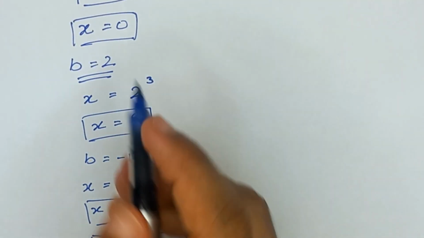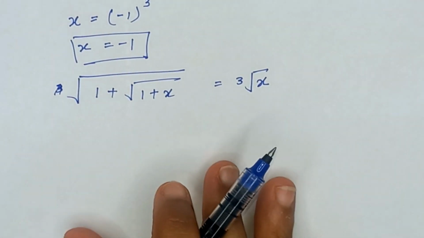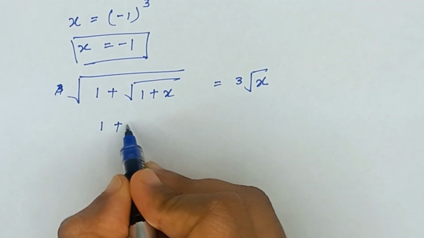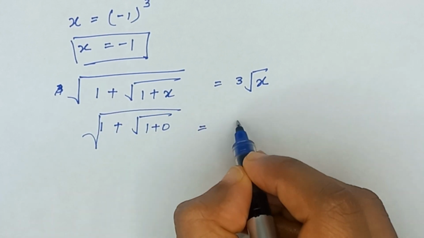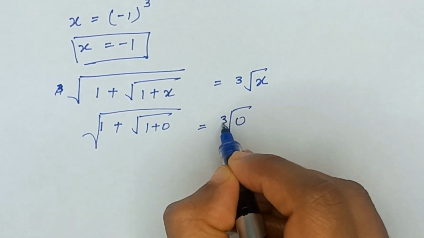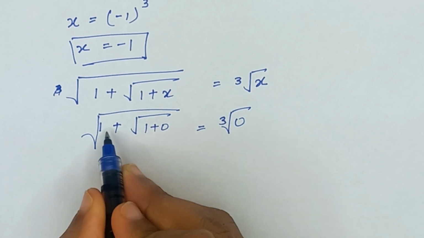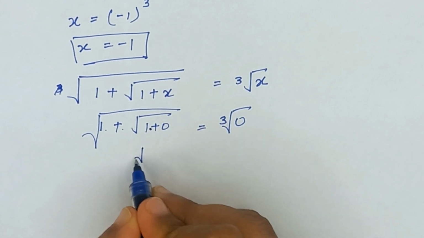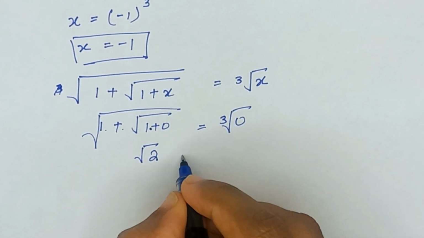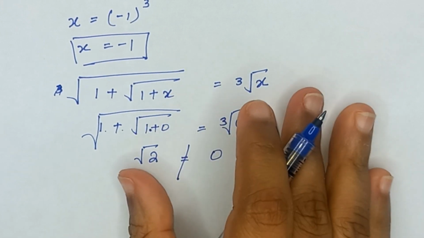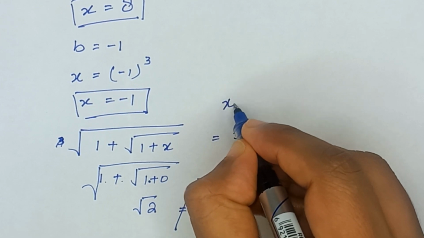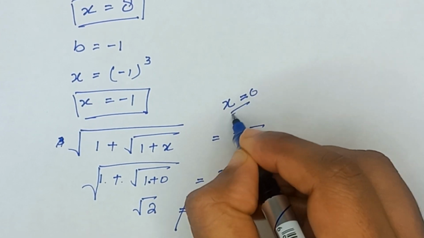First of all, I will substitute the value of x is equal to 0. When I will substitute here 0, so it will be 1 plus 0 and its whole square root. It will be 0 cube root. It will give us 1 plus 1, which is square root of 2, is equal to 0, which are not equal. That's mean x is equal to 0 does not satisfy our given equation.